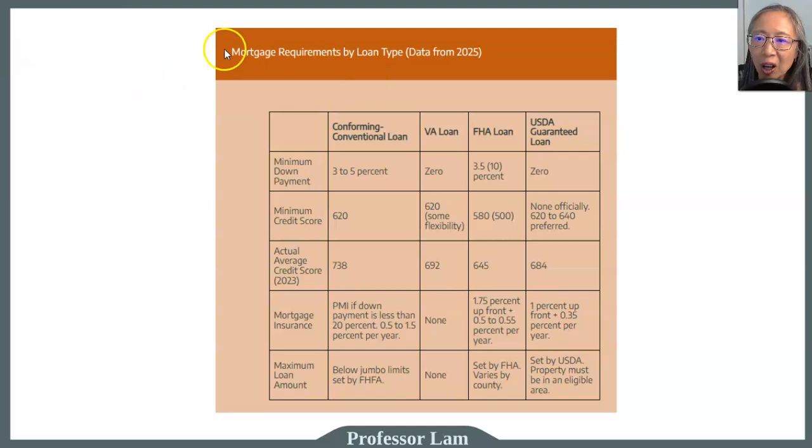Here's a summary of the mortgage requirement by different loan types. So here are the minimum requirements, but you can see this is the actual average from 2023. For conforming conventional loans, even though the stated minimum is 620 for your credit score, the average borrower's credit score is 738. It's slightly lower for VA loans and much lower for FHA loans.